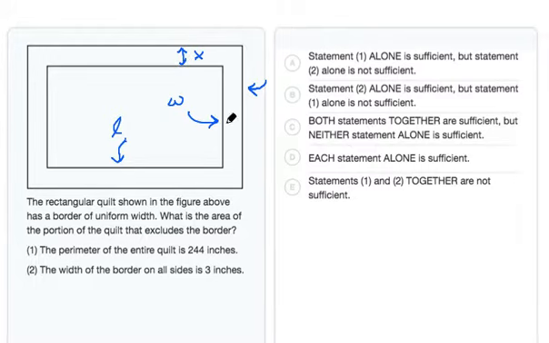Now the width of the border goes all the way around, so all of these widths of the border are X. Even on the sides, they're all X. So this total width here would be W plus 2X. And using similar logic, we can label the length of the entire quilt. Again, this width here would also be X, so the length would be L plus 2X.